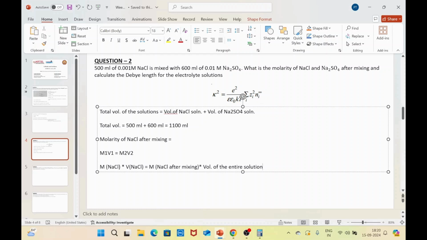But if you calculate the number of moles in both cases, it will remain the same. So moles will be conserved, and that's what the equation is for. I hope you have no doubts here. If you have doubts, please let me know. Does anyone have any doubts in this step?